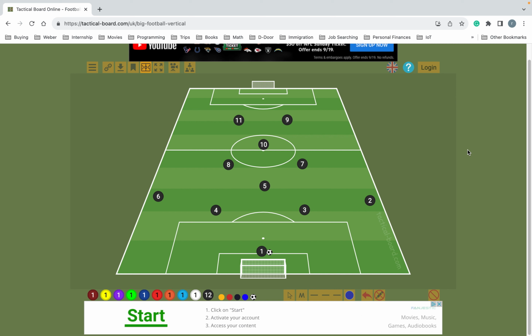And I think one thing that we have to try to understand is that even though we are at a narrow diamond here, doesn't mean that we cannot find our spaces out wide. So what we've been working on is if the ball is on the outside back, right? The same side center mid can open out wide here.